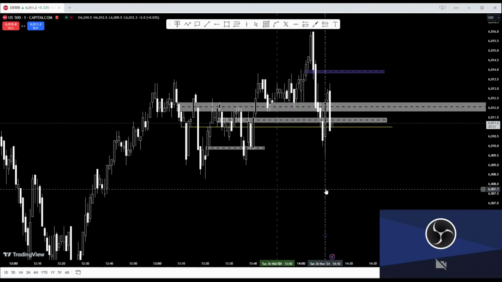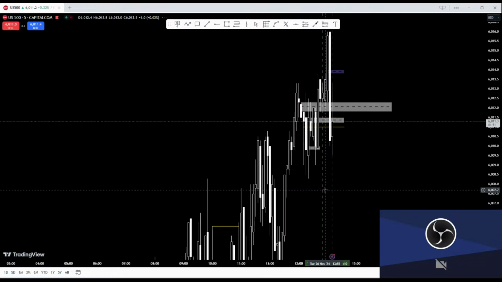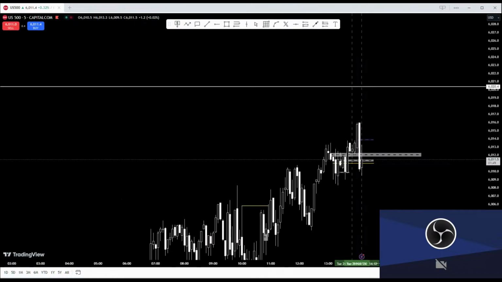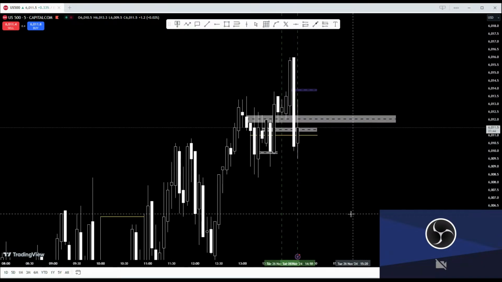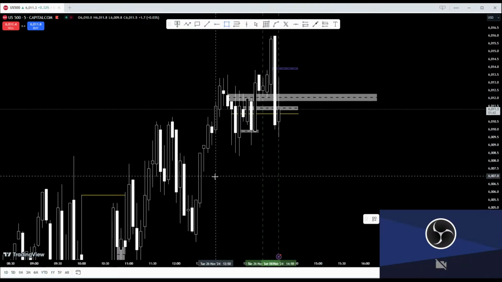And also, price is now outside of the macro, and it shows a 5-minute bearish change in the state of delivery.